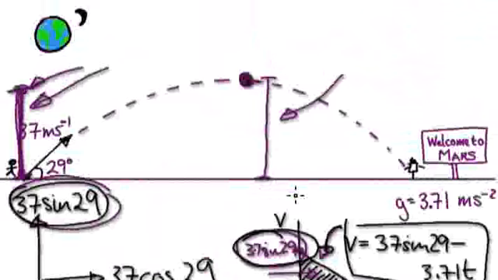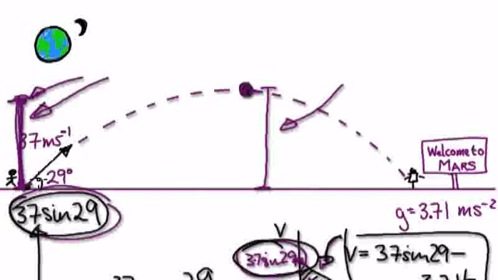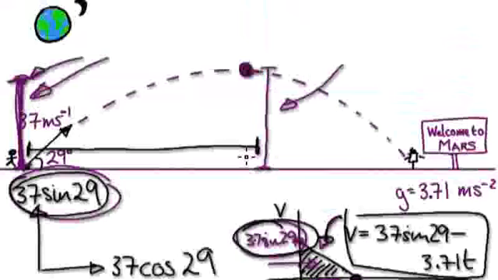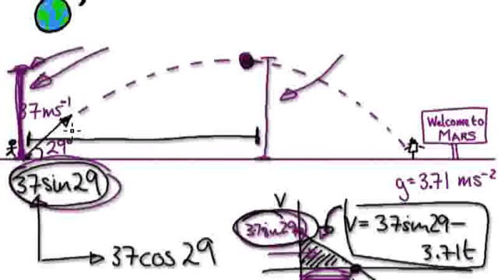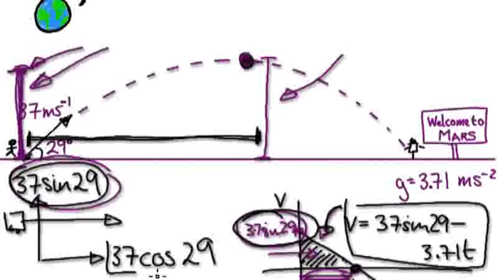Now if you want to find out this distance here from here to here, don't forget the time it takes to get to its maximum height is given by t equals 37 sine 29 over 3.71. So now that you know the time it takes to get from here to here is that amount of time, imagine you and your dad sitting in a car, and you're going to drive at a speed of this for that amount of time.